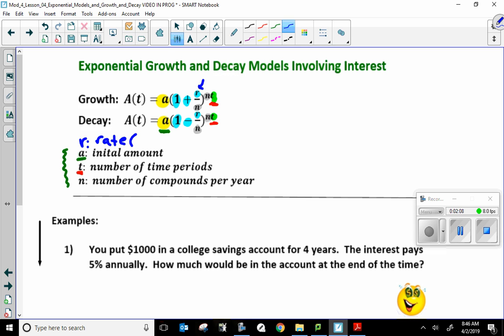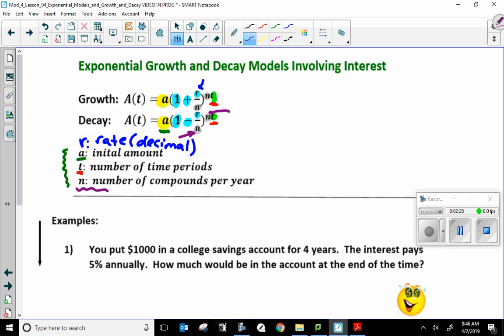But don't forget, we want that in decimal. We do not want that in percent. And last but not least, we have this N, which pops up in the bottom of the fraction and multiplying in the exponent.